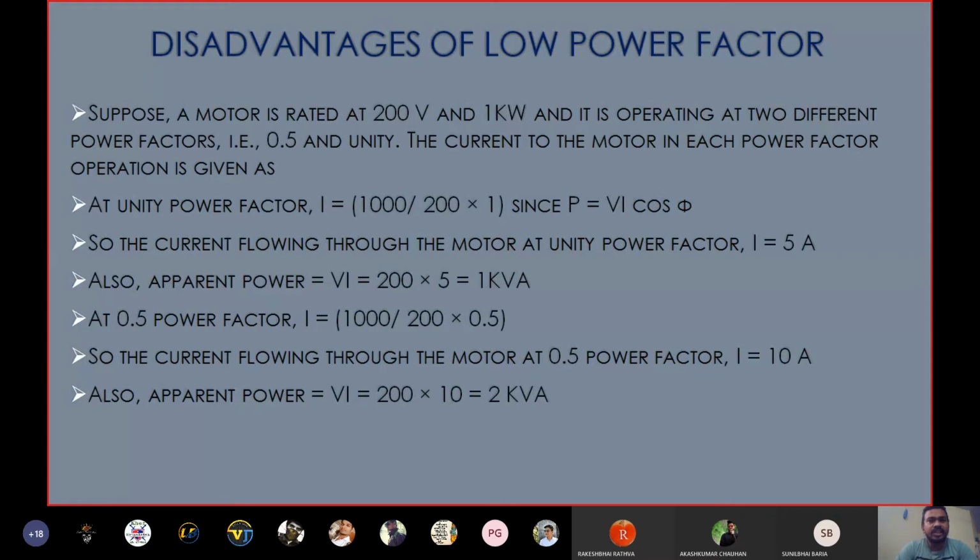The general equation is P = VI cos φ. Using this formula to calculate the current, P is 1000, V is 200 and cos φ is 1.